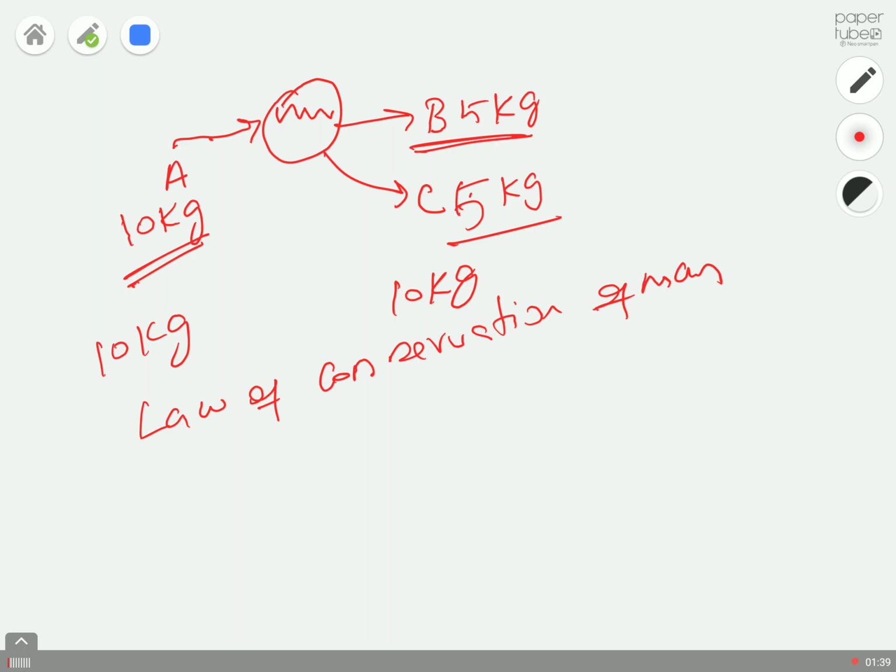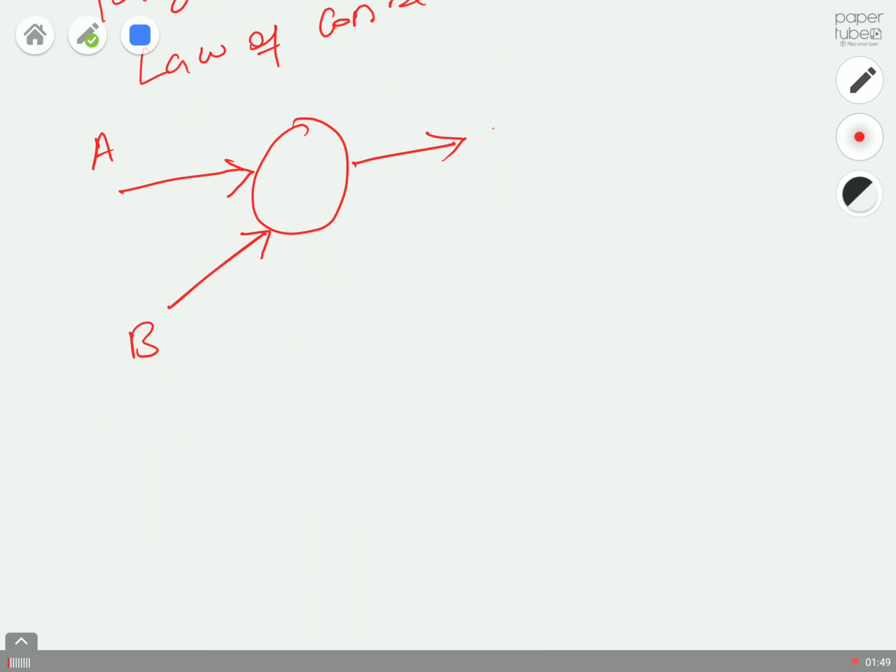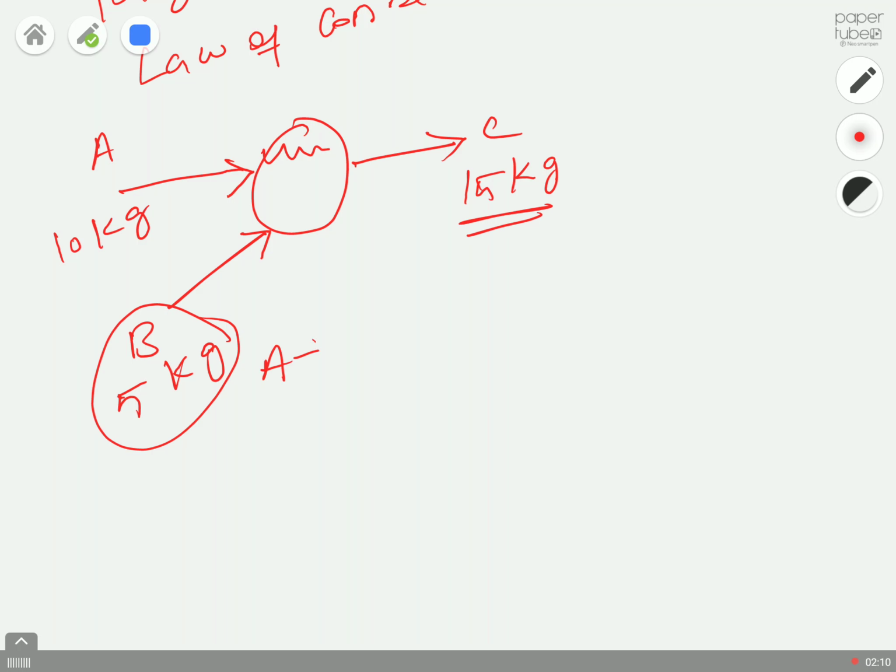Again, if you have two input streams, say A and B, and one output stream C, in some process where you are converting A plus B into C. If you load 10 kg of A and 5 kg of B into the reactor or system, you must get 15 kg out. At the end of the day, your mass is conserved.